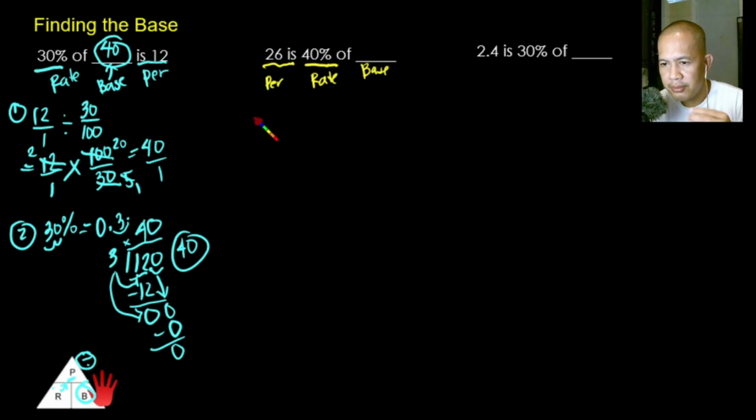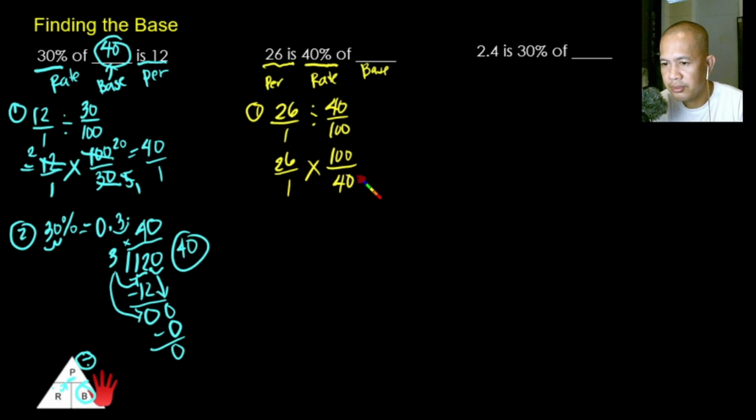So the first way, we're going to change your rate into a fraction, which is 40 all over 100, and we're going to make the reciprocal of it, which is 100 all over 40. So we can do the cancellation method. So we have 40 divided by 2, it's 20. 26 divided by 2, it's 13.